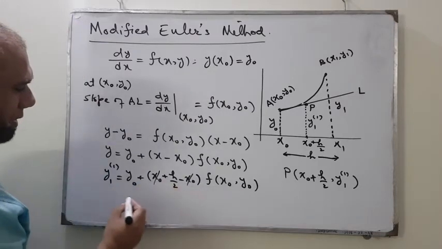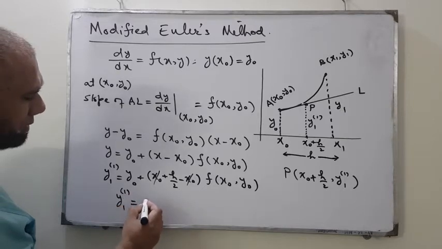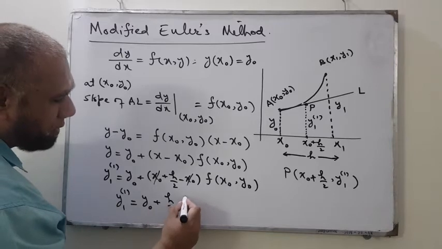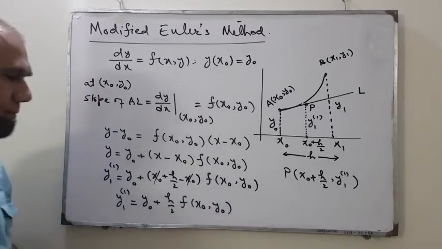These two terms cancel, and the net result is y11 equals y0 plus h by 2 times f of x0, y0.